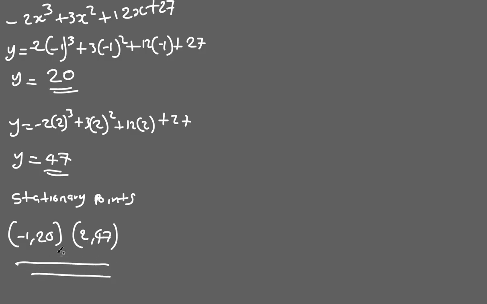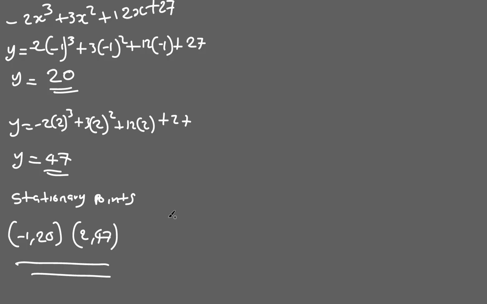So the -1 is representing the x, the 20 is representing the y. So this is for x, this is for y, this is for x, this is for y. That is the meaning. So we have found the stationary points that we've been asked to.